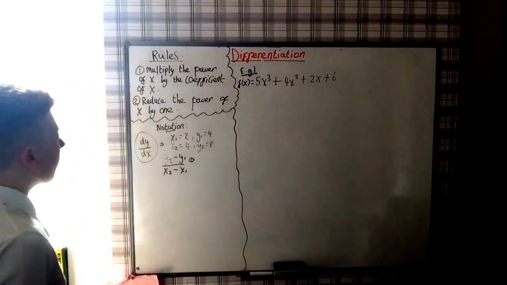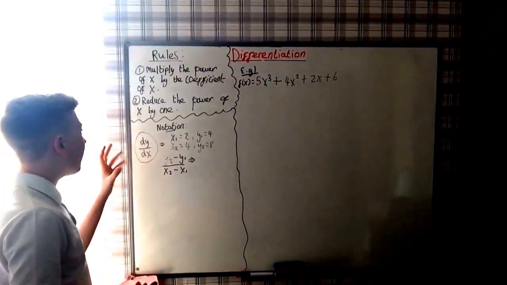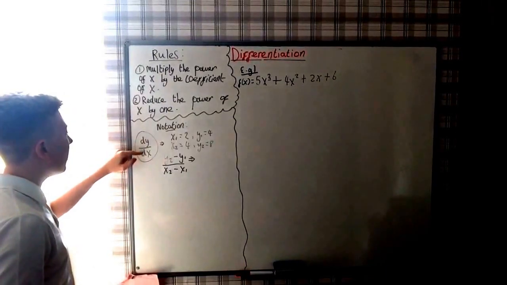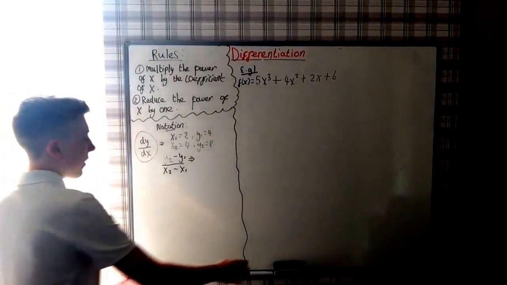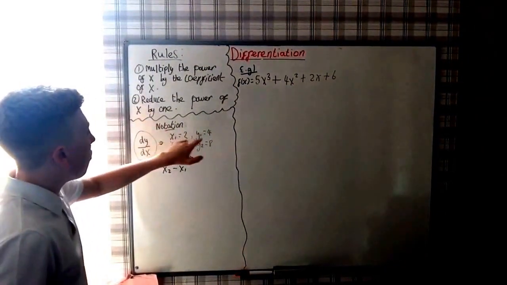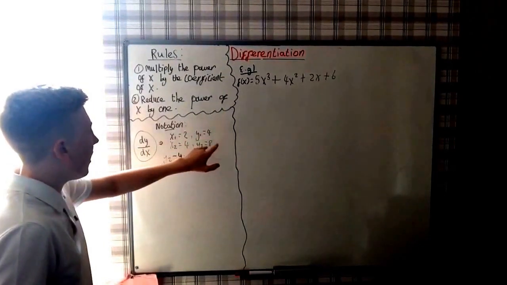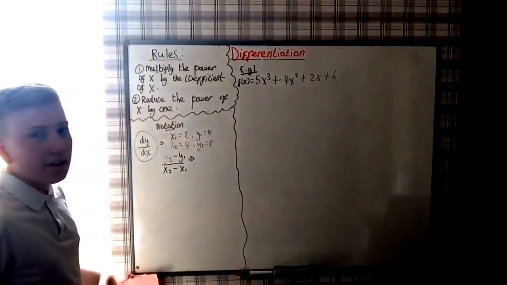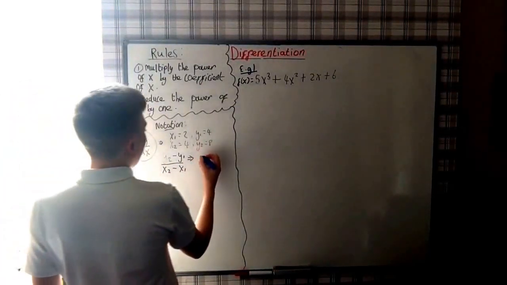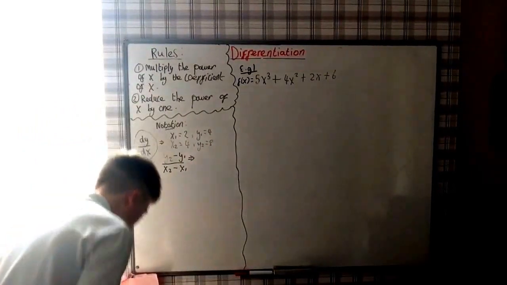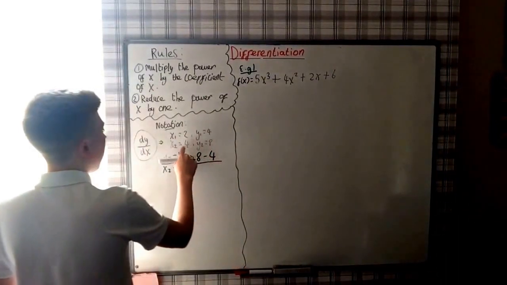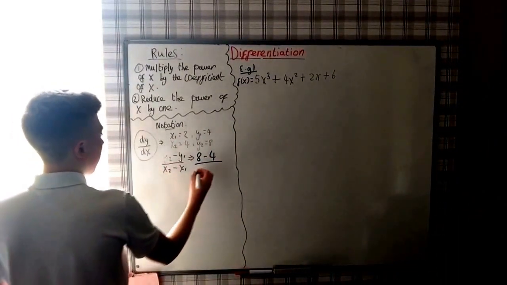So we've got an example over here which we'll go through in a moment, but first we need to know the notation. So whenever we use differentiation, we have to use this notation, dy divided by dx. All this means is the difference in y divided by the difference in x. For example, if we have two sets of coordinates, so x1 is 2, y1 is 4, and x2 is 4, y2 is 8, what we would do if we were going about finding the gradient of a line that intersected them two coordinates, well, we would do 8 minus 4, divided by 4 minus 2, okay?